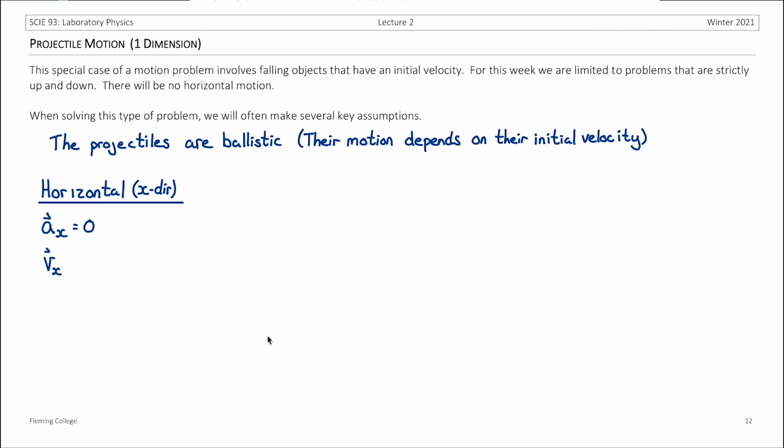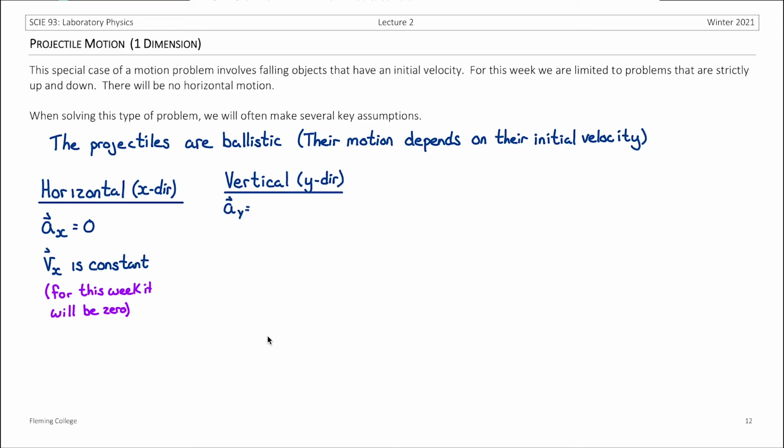This tells us that the velocity in the x direction is constant. And for this week, that means it's 0. Now let's look at what we can tell about the vertical direction, which we denote with y. Just like in free fall, the acceleration in the y direction will be equal to the acceleration due to gravity, which is 9.8 meters per second squared.